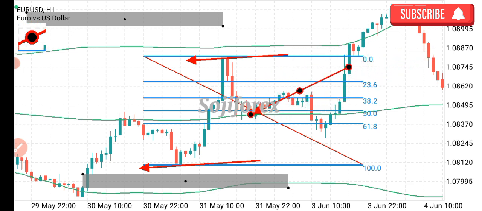This is our 61.8. It gave us this engulfing candle. We did not get a follow-up candle. Then we get this particular pin bar. For me as a person, I will not be taking this trade at 50 because my stop loss is supposed to be at this 100, which is too far for me.